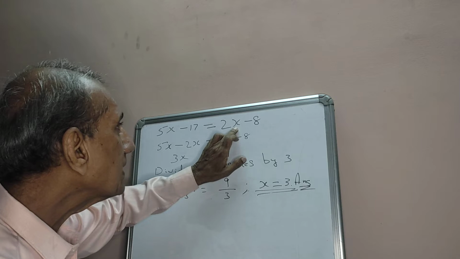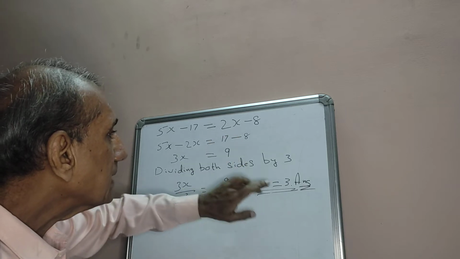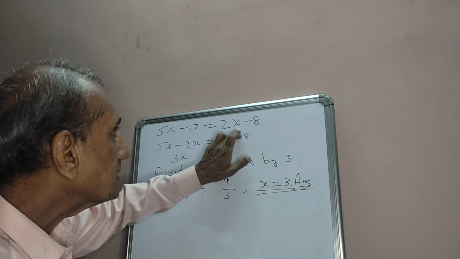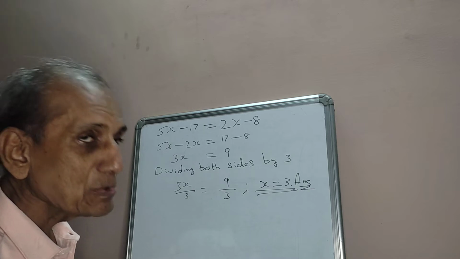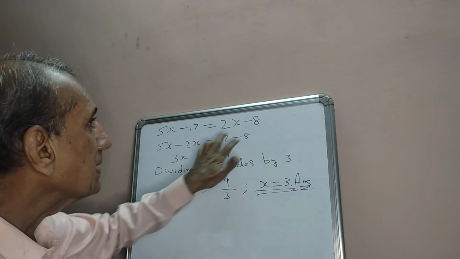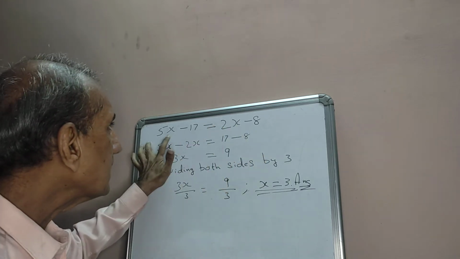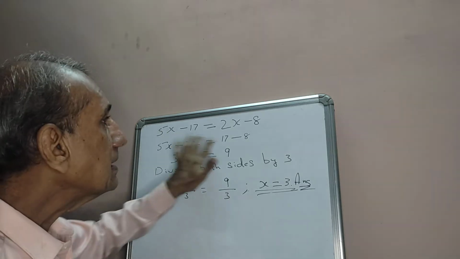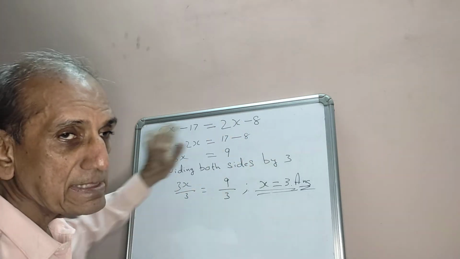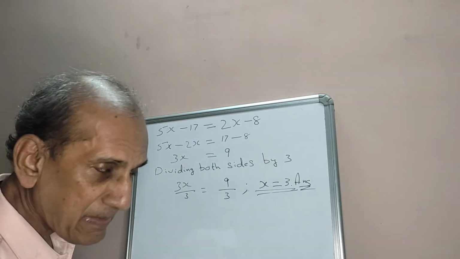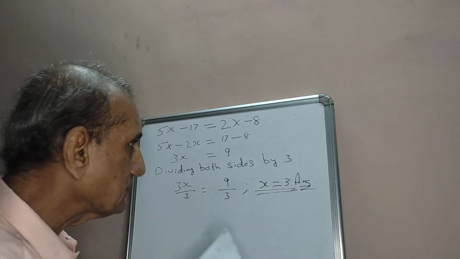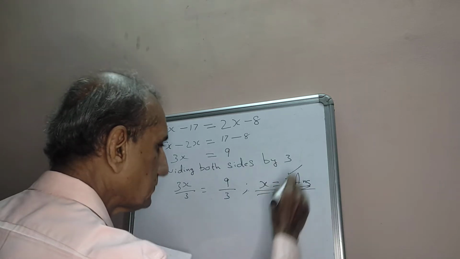And on the right hand side, 2 times 3 is 6, 6 minus 8, again minus 2. So minus 2 over here and minus 2 over here. The left hand side of the equation is equal to the right hand side. Hence the equation gets satisfied. So my answer is correct.